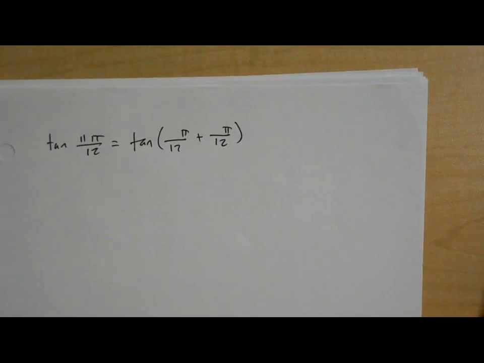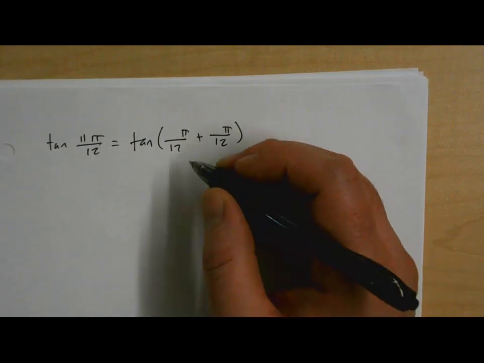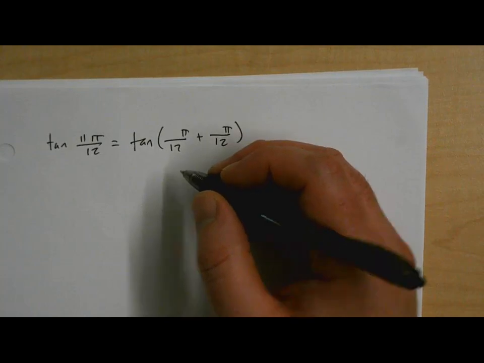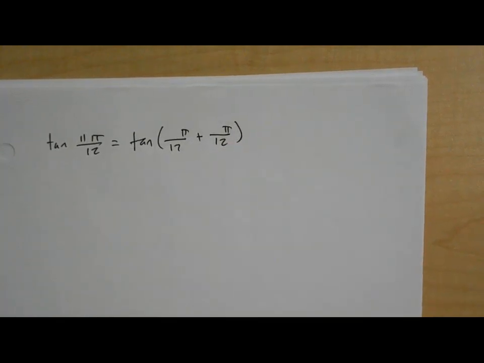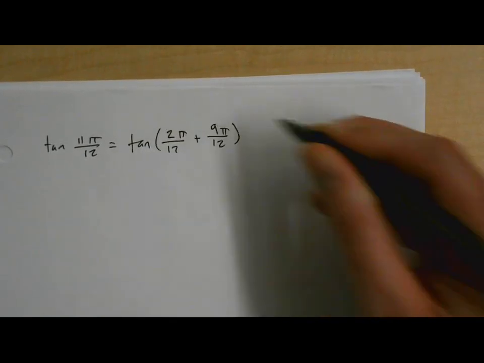Seven and 4. 4 pi over 12 I like. That's pi over 3, but 7 pi over 4 is not going to reduce to anything nice for us. 2 pi over 3 plus pi over 4. What are those in terms of the 11? How about 2 and 9?